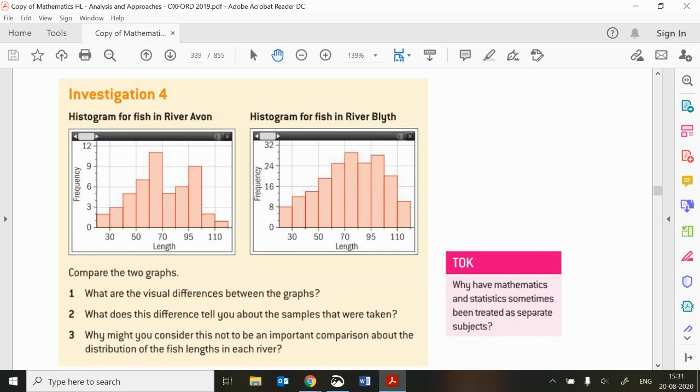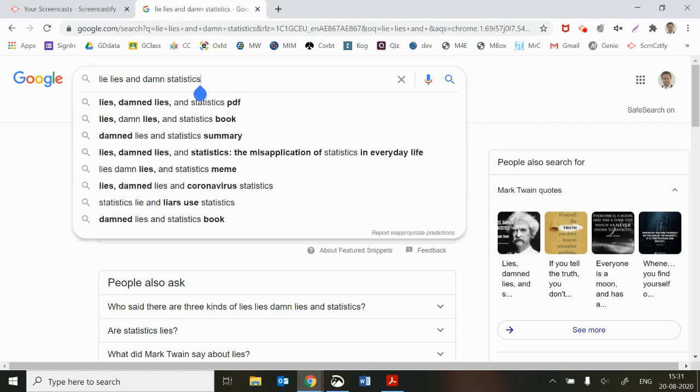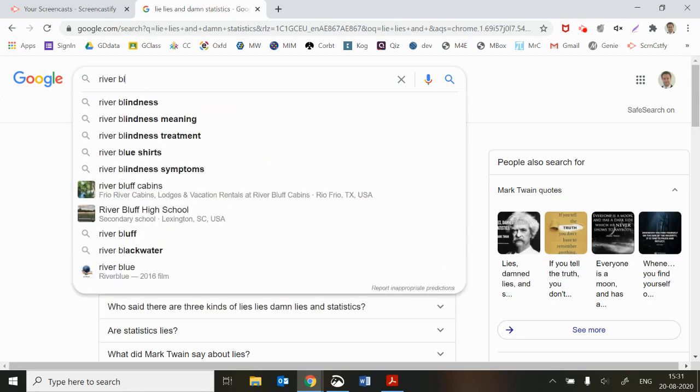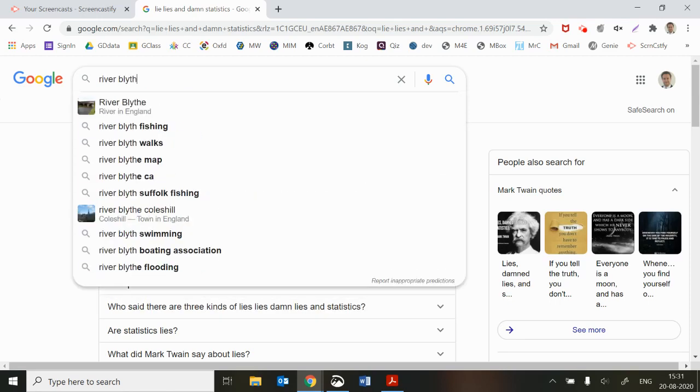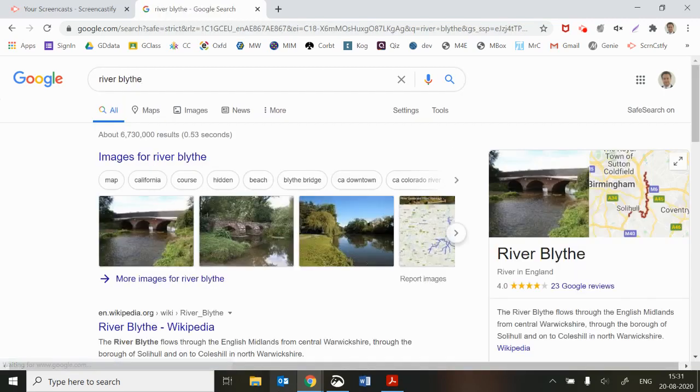This is fish in the River Avon and fish in the River Blythe. Where's the River Blythe? Could be in Suffolk. Let's have a look at this one. River Blythe. Okay, let's check this one out. Oh no, it's near Birmingham.